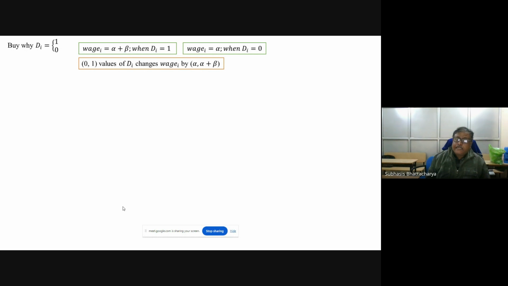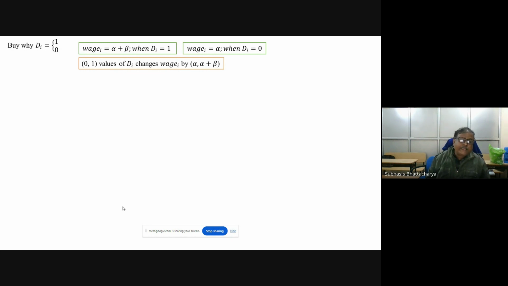Look, when Di ranges from 0 to 1, wages also range from alpha to alpha plus beta. If Di is equal to 0, the wage is alpha, and if Di equals 1, the wage is alpha plus beta.